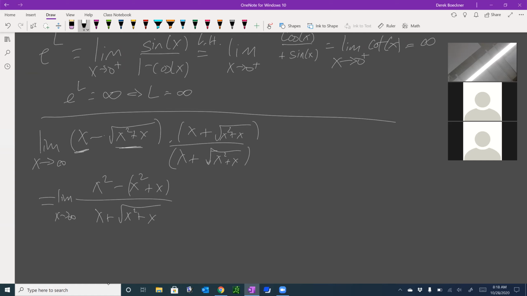And now that cancels with that, and I get just a minus x on top. And on the bottom, I have x plus the square root of x squared plus x as x goes to infinity.